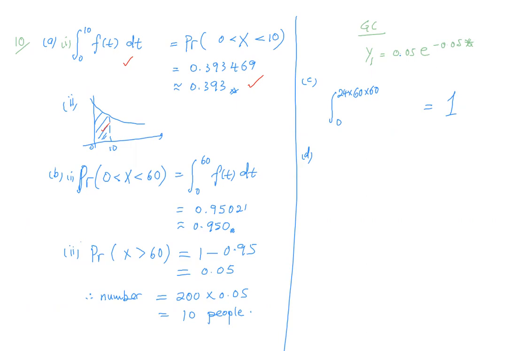So the probability density function for this case is g(t) equal to b e to the power of negative 0.05t. So now, the limit is from 0 to 20, g(t) dt.